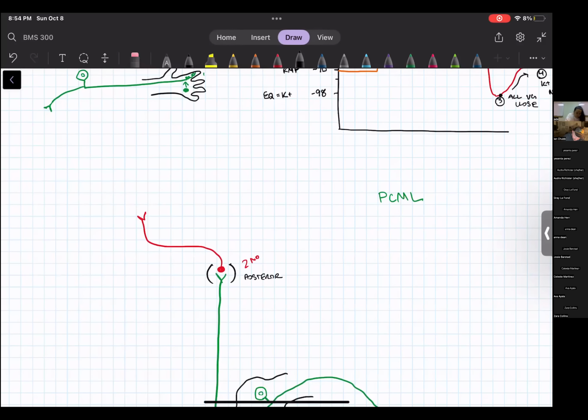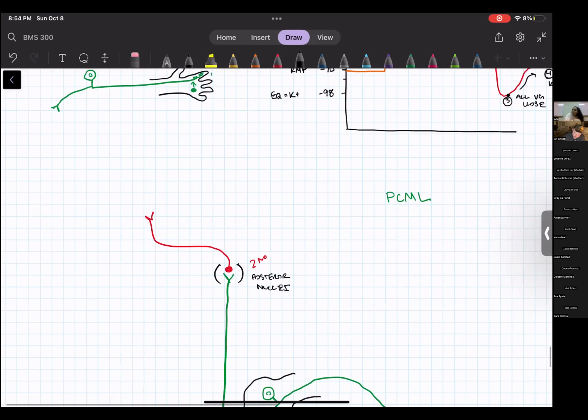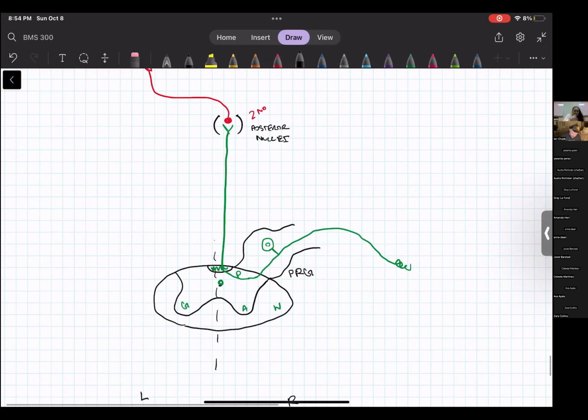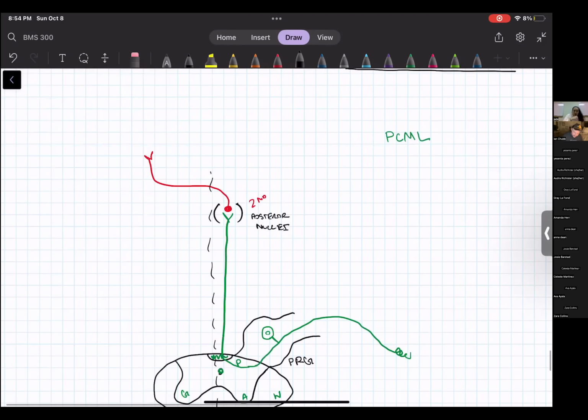Nuclei. It's a nuclei. So nuclei is another name for a cluster of cell bodies in the CNS. So that's where you have a cluster of cell bodies. This is then going to cross the midline. So I've come from the right side. I'm now on the left side since I've crossed that midline.